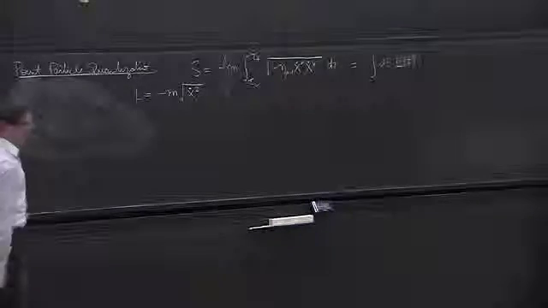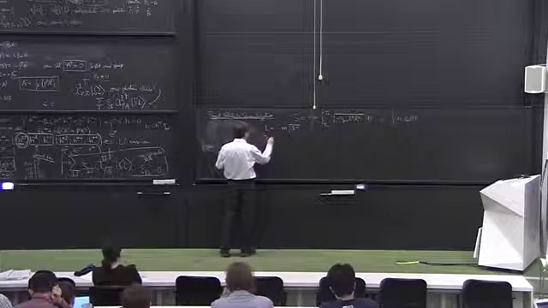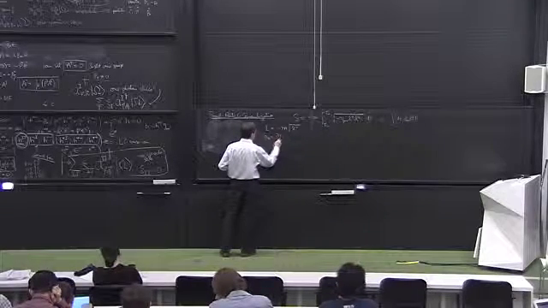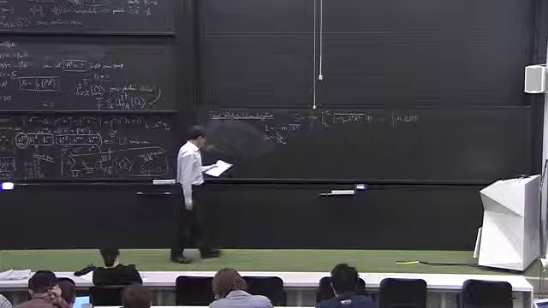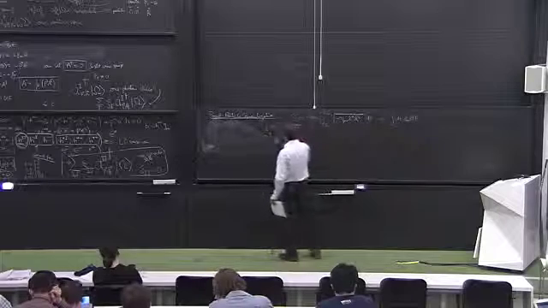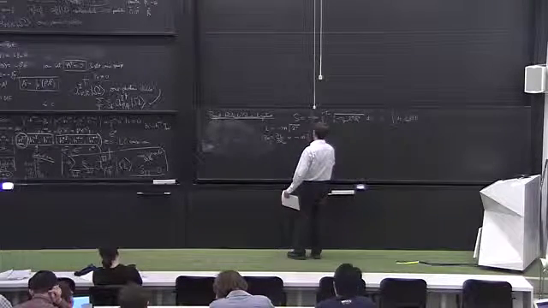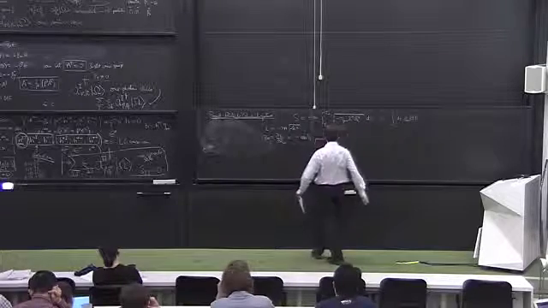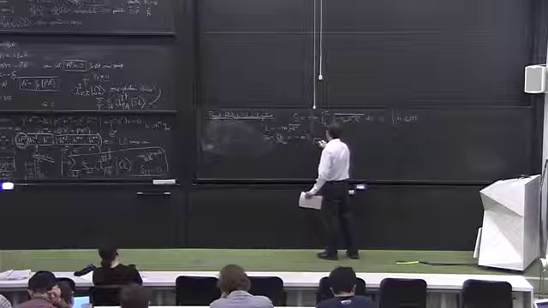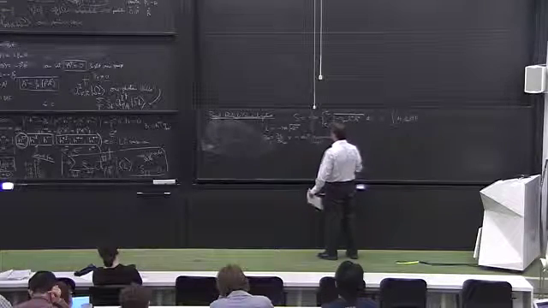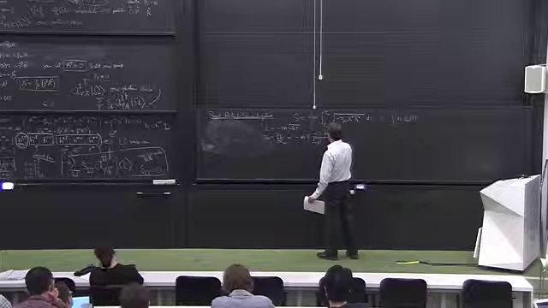If you want to do the canonical quantization, you say, what is the momentum? P mu is dL over dx dot mu. Well, we take this derivative, and this is minus m times 1/2 this, minus x dot squared. And then I have minus 2 times x dot mu.